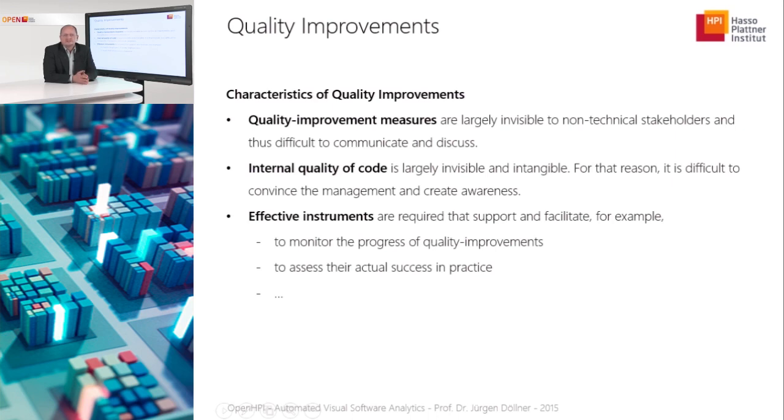For that reason, it is difficult to convince the management and to create awareness in general. So we need effective instruments that support us and facilitate, for example, to monitor the progress of quality improvement measures that have been adopted, or to assess the actual success in practice.